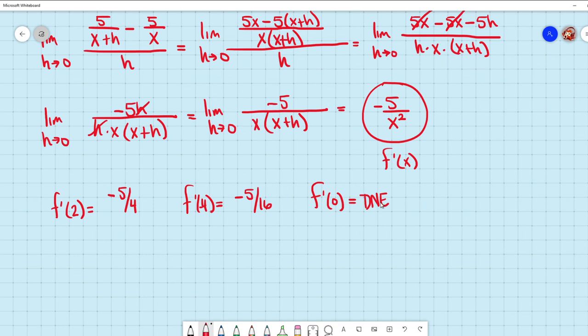We wouldn't even say it's undefined, it's just that there's no derivative, period, because the graph doesn't exist. If the graph doesn't exist there, how could there be a slope of a tangent line to something that doesn't exist? Then the last one would be pi, which is -5 over pi squared. So that's how we would go about evaluating those.